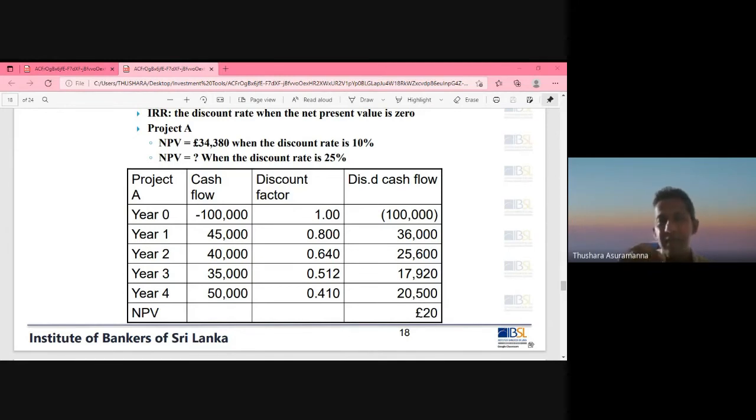So we will assume 15%, what is my NPV? 20%, what is my NPV? 25%, what is my NPV? Luckily at 25%, project A gives a near 0 figure, which means NPV is 0, rate 25, IRR is 25. That's what we call the iterative method.